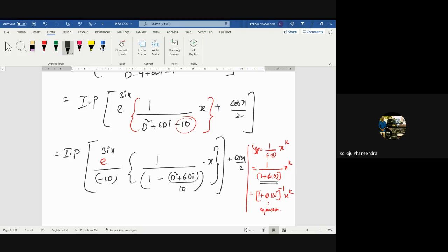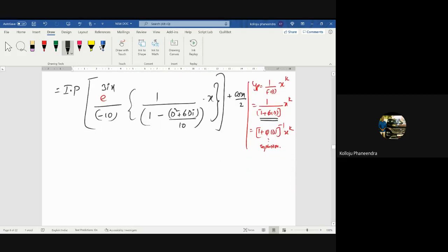Definitely you practice this problem at home once again. The imaginary part of this is negative e to the power of 3ix by 10. And take this one into the numerator. That is 1 minus d square plus 6di by 10, okay, this whole power minus 1 into x.